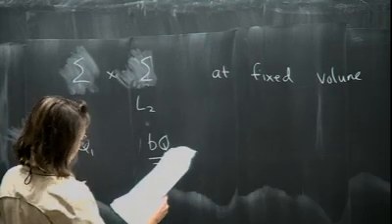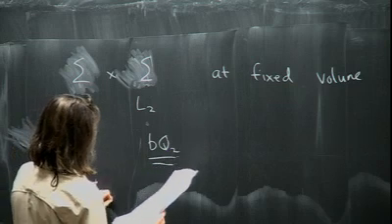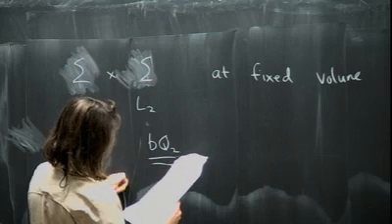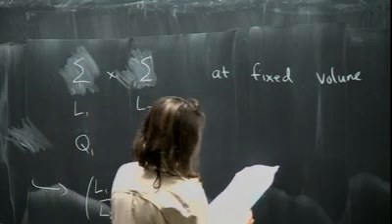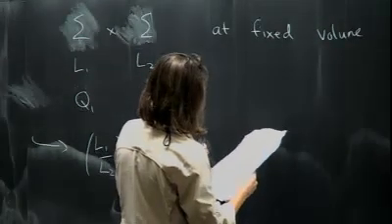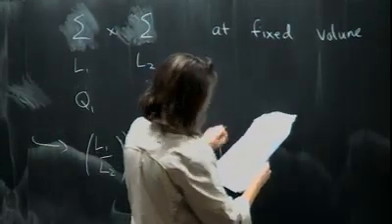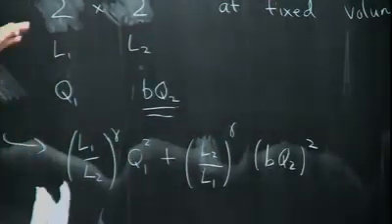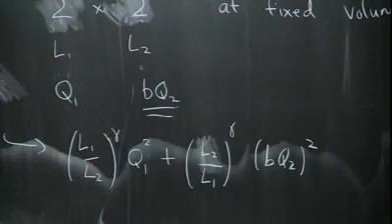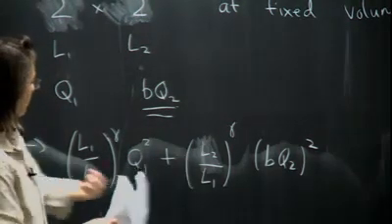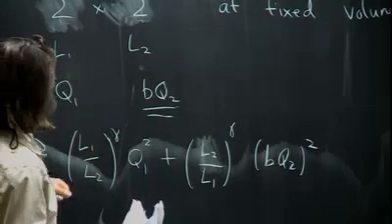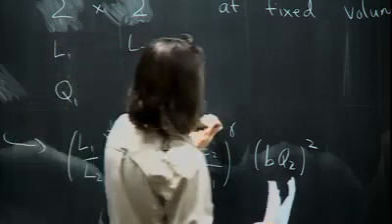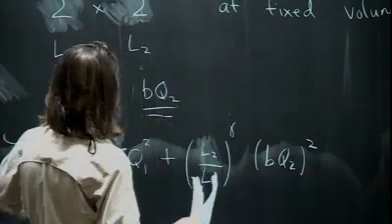and by the same easily derivable scalings as before, this is going to give a contribution to the potential of the form (L2 over L1) to the gamma from the flux energies. So this is just saying in equations what I said in words before.